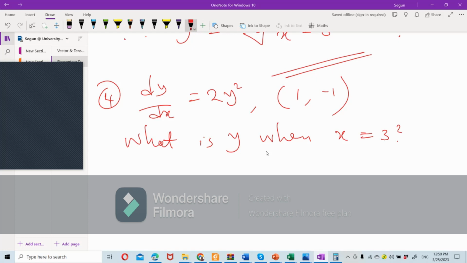So you need to first solve it, get your C again. After that, get your y, then substitute x equals 3.